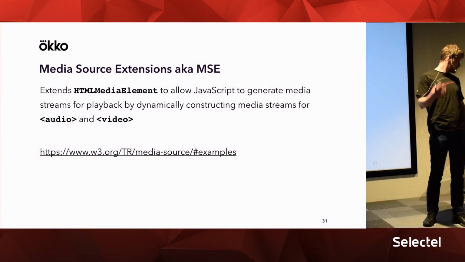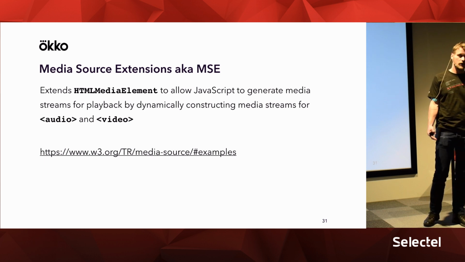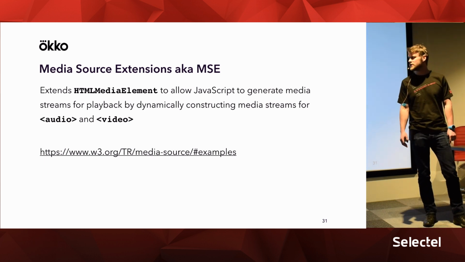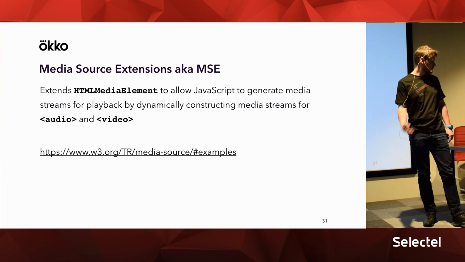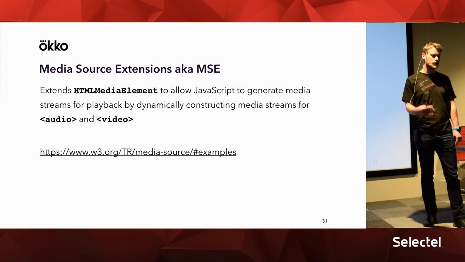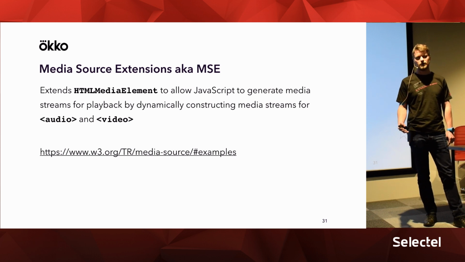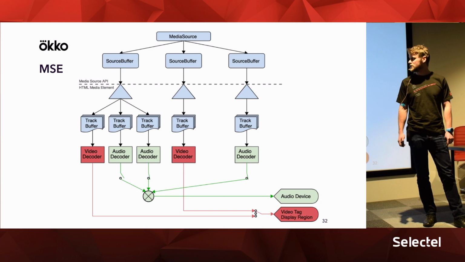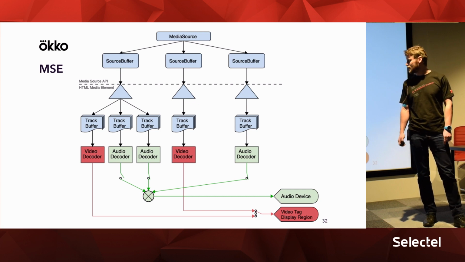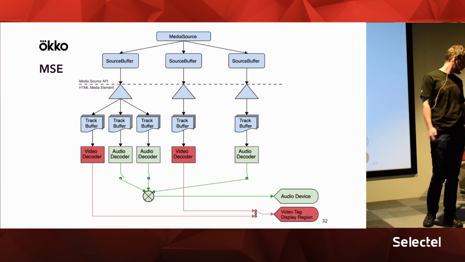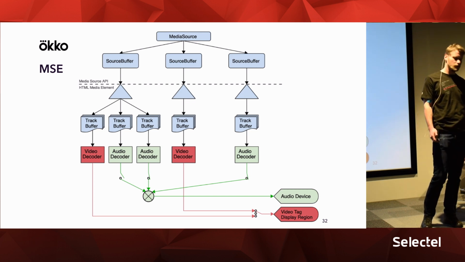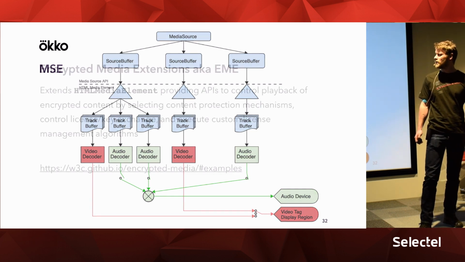There are two extensions: media source extensions and encrypted media extensions. Media source extensions is an extension of the HTML media element and provides abilities to play audio and video inside your HTML page. And it's easy like that. So just create different types of codecs and sources and playbacks.